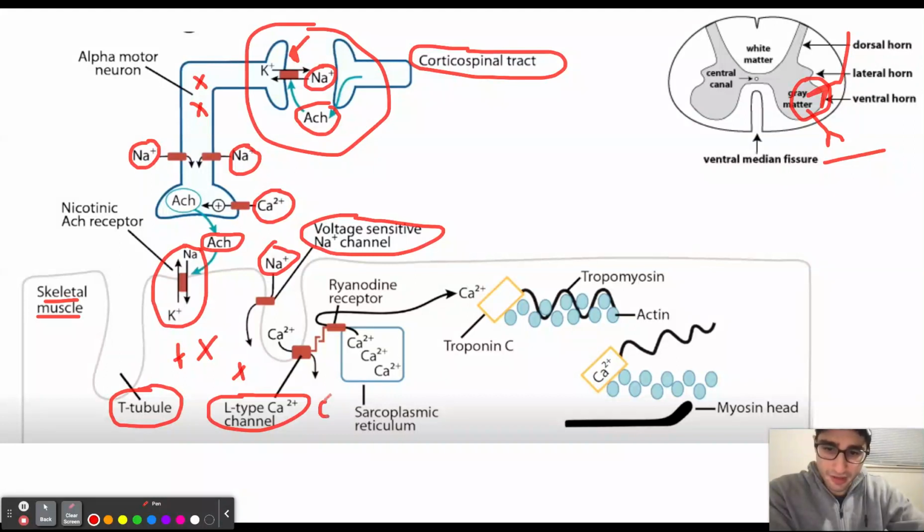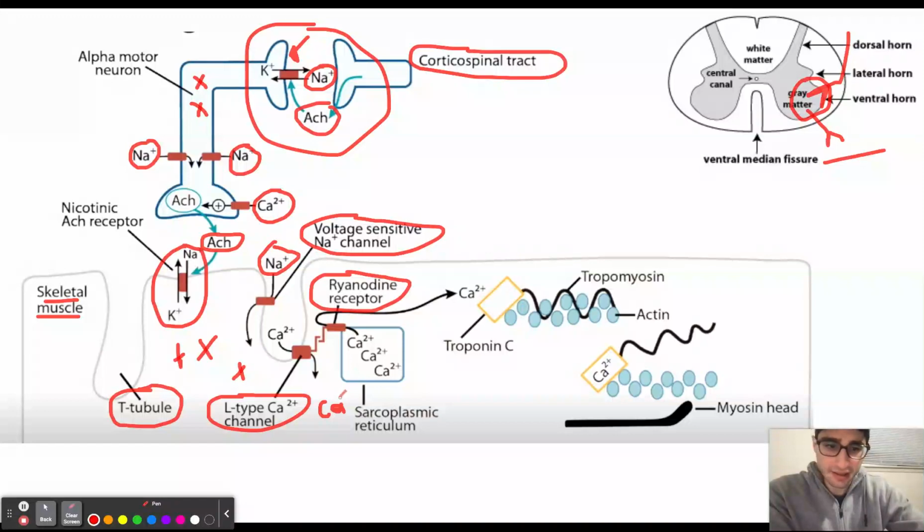And this influx of calcium is going to be causing the L-type calcium channel to change conformationally, and this is going to cause it to mechanically interact with the ryanodine receptor found on the sarcoplasmic reticulum.